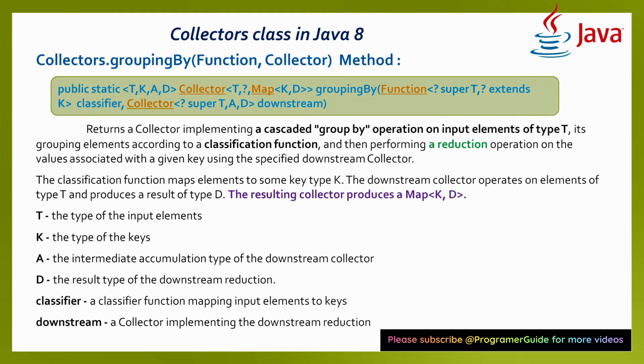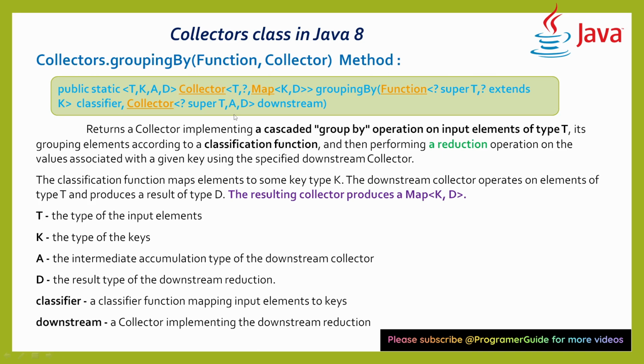Suppose the requirement is to count the number of characters in the given string, meaning how many times each character repeatedly occurs. In that case it performs the function, and the Collectors.counting method is also there.